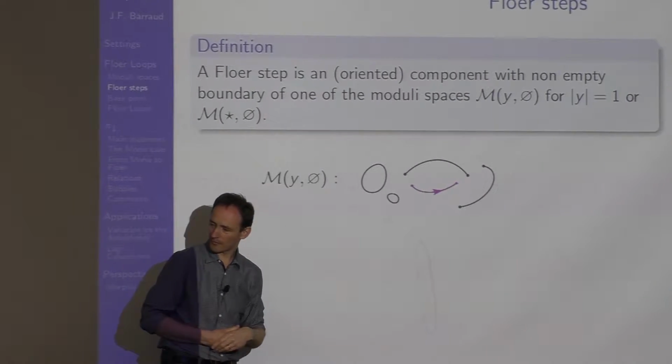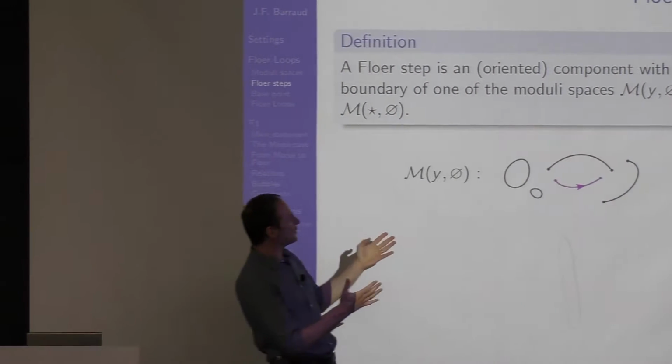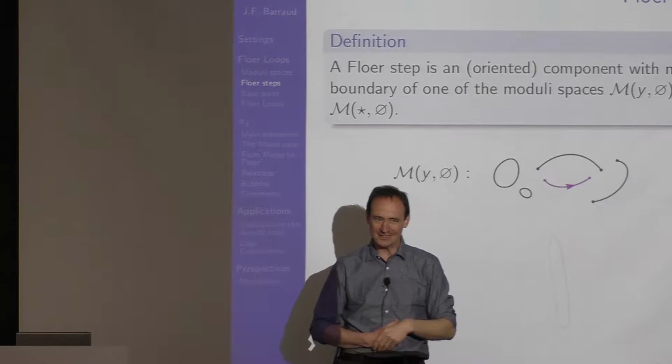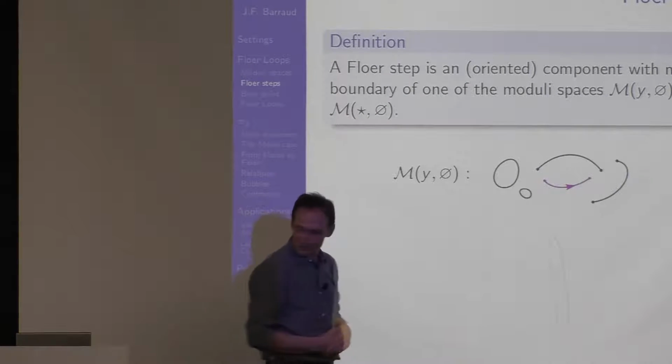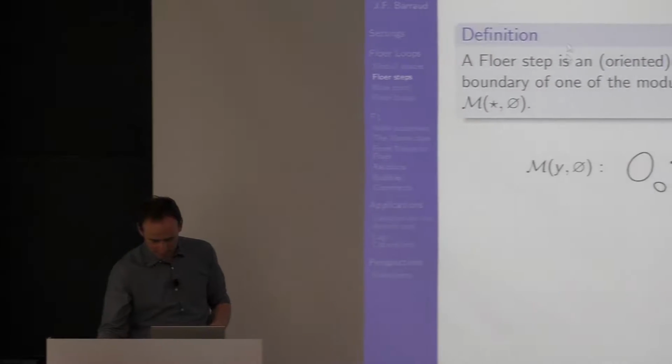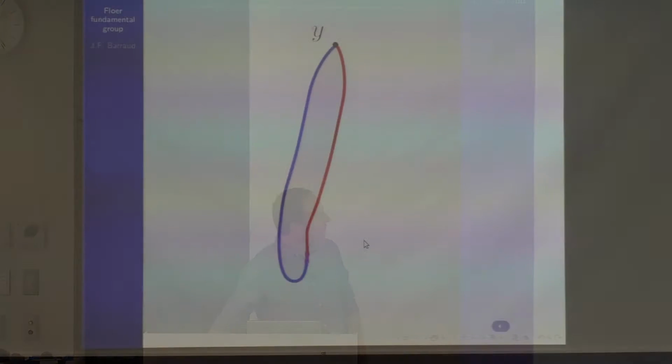Okay? But this is a definition, but it's not a very human readable definition. So the question is, what does a step look like? And a step looks like something like that. So you have your one-parameter moduli space, so you can move in one direction.